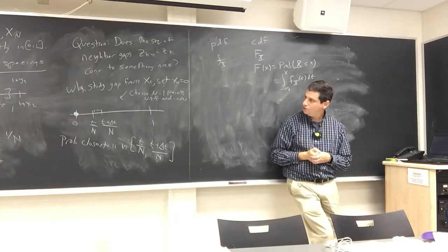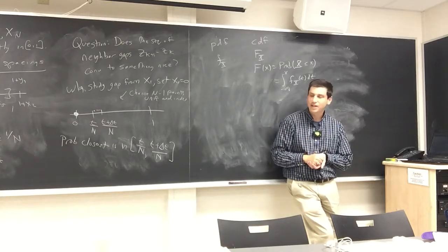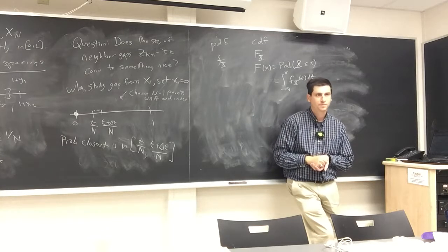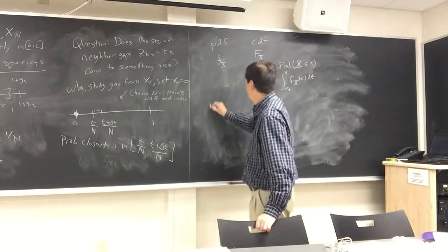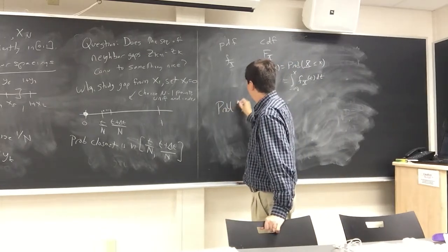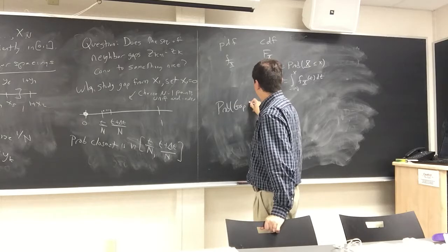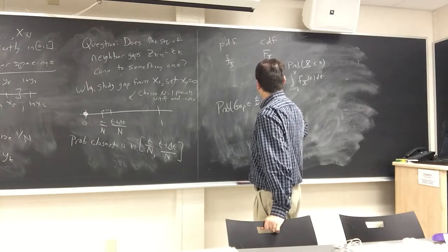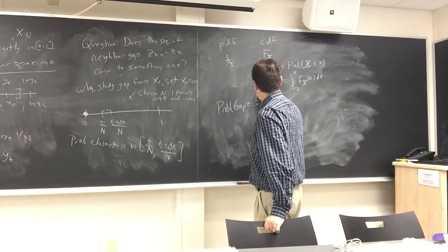And now I want to know what's the probability I take on a value between t over n and t plus delta t over n. So the probability the gap is in t over n, t plus delta t over n.